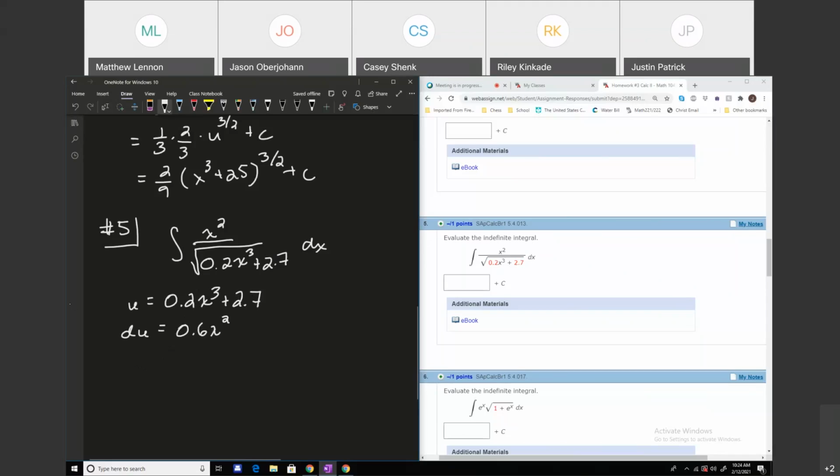I mean, you could switch to fractions here, I suppose. 0.6 is the same as 3 over 5, so when you divide by 0.6, it's the same as 5/3. I don't know if that's easier or not in this example. Probably. I prefer fractions, but I'm a math person, so. I forgot the dx, and I forgot the x squared.